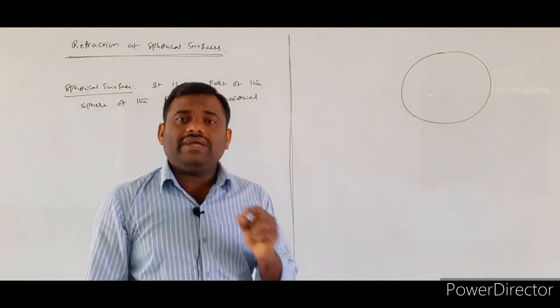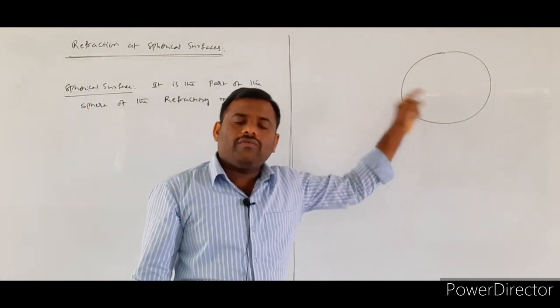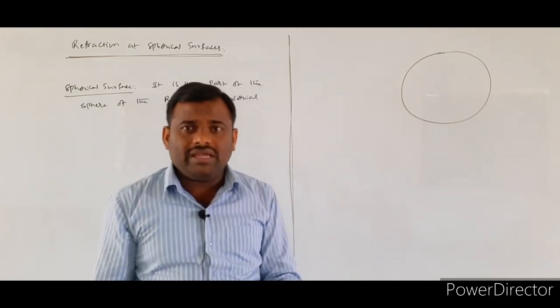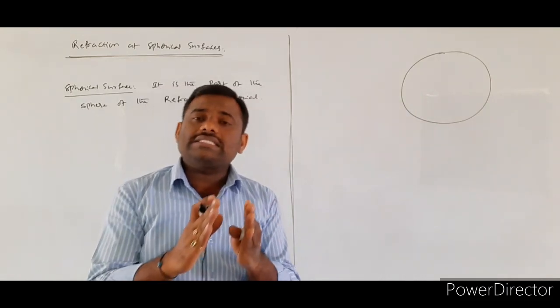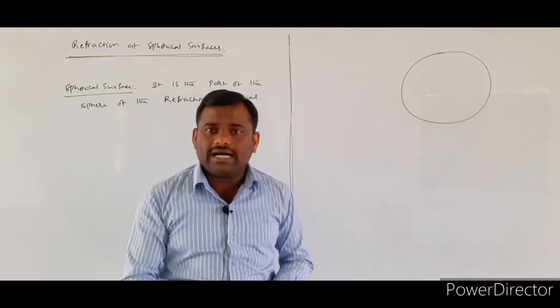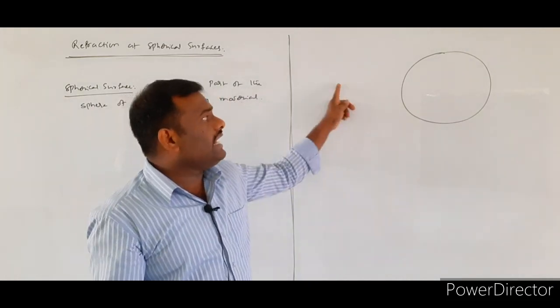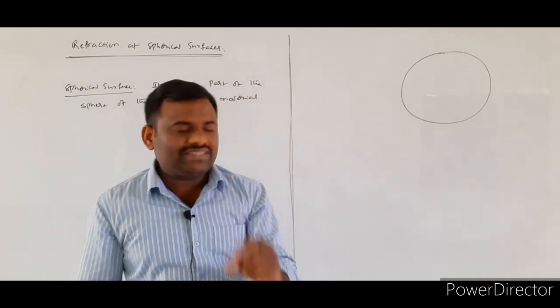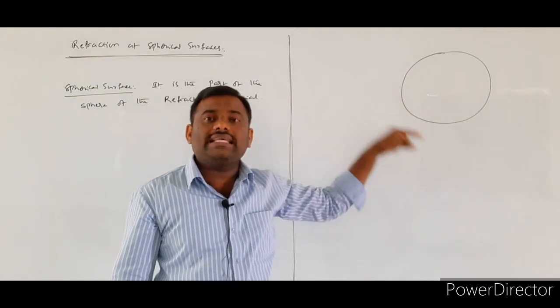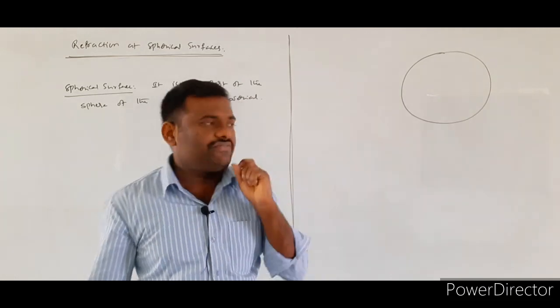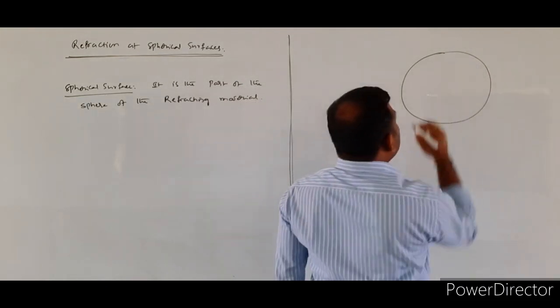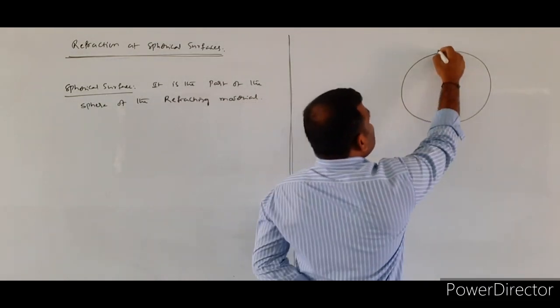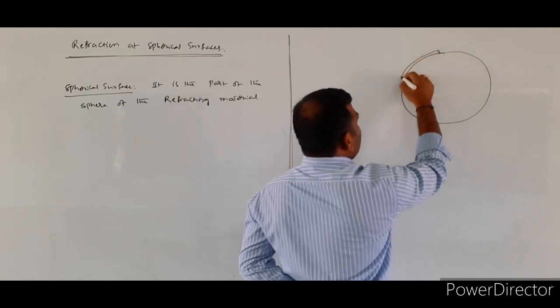Why do I consider only the glass sphere? A glass sphere is a transparent material. Whenever light is incident on the glass sphere, it undergoes refraction. Because of that, here I consider a glass spherical refracting surface.